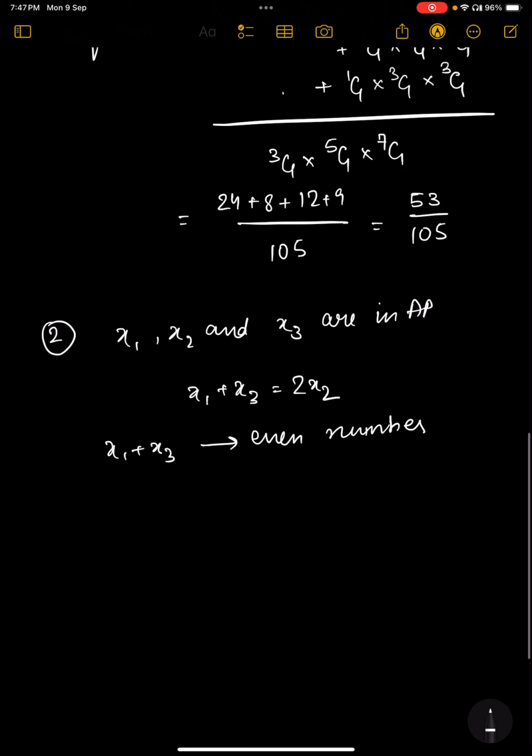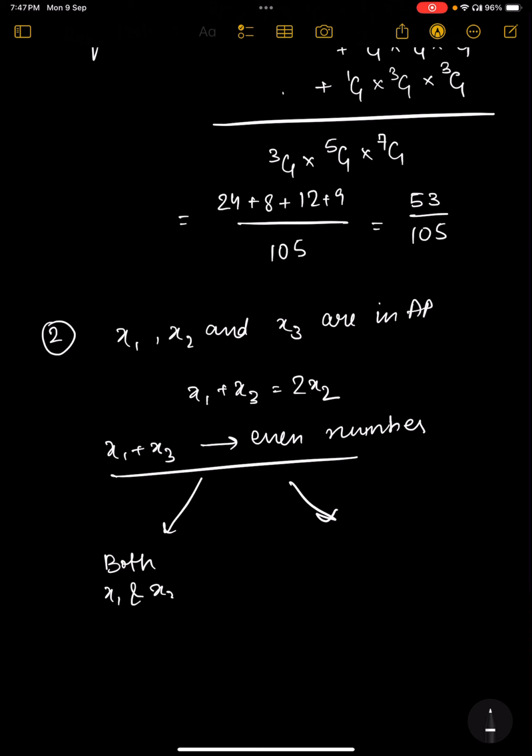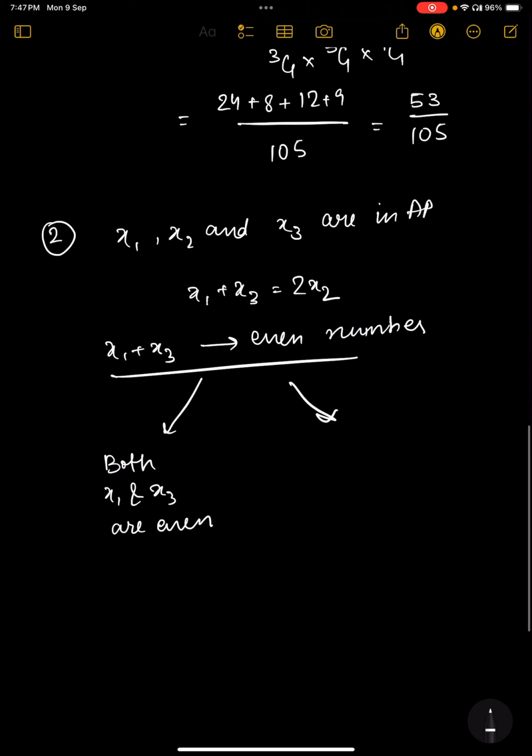Now for this to happen, there are again two possibilities: both x1 and x3 are even, and in the second case, both x1 and x3 are odd.